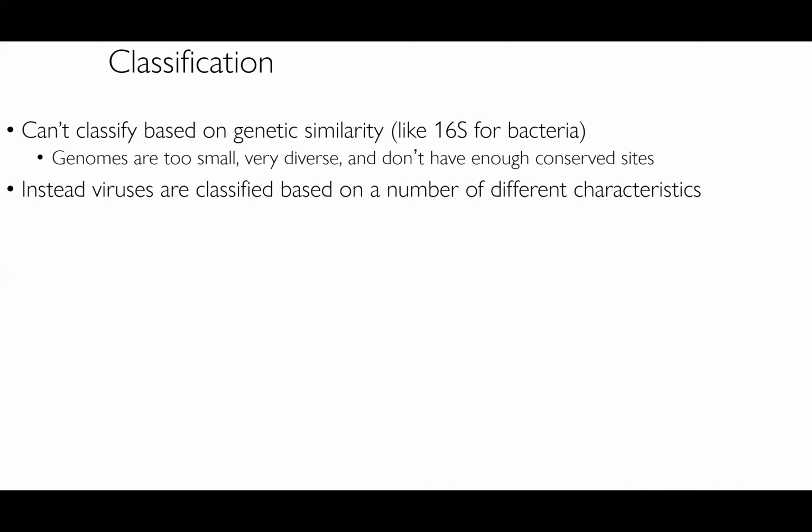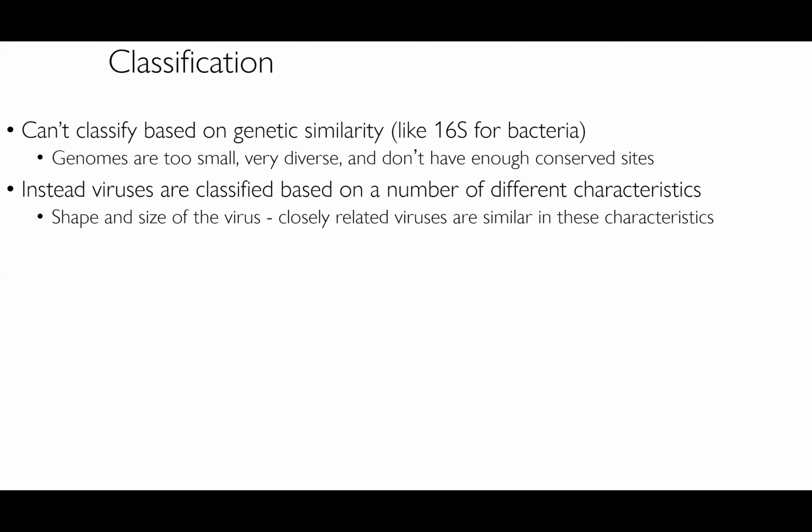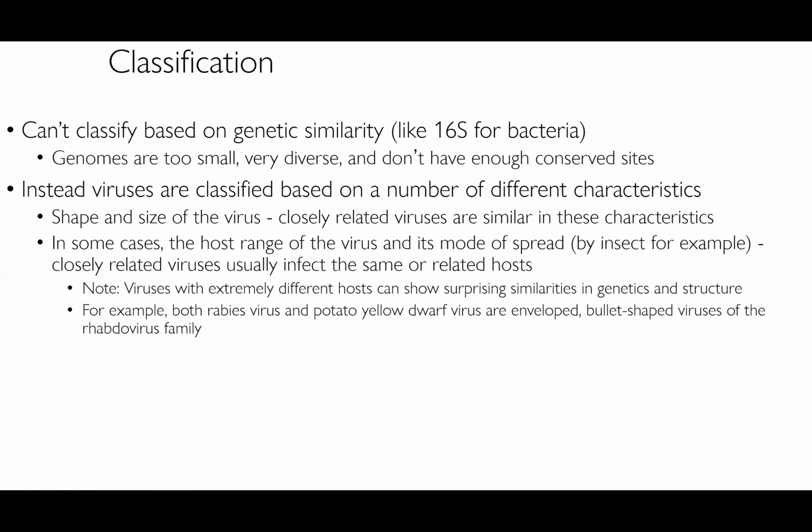But viruses are classified based on a number of different characteristics, principally the shape and size of the viruses, simply because the more closely related viruses are, the more similar they are in their characteristics. This is a bit different than bacteria, very similar to the way we characterize eukaryotes.